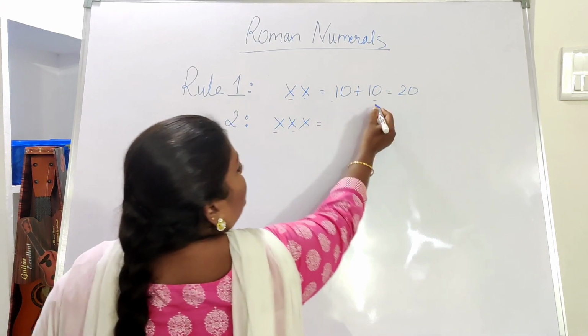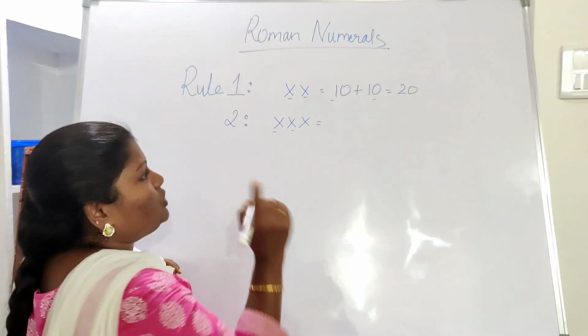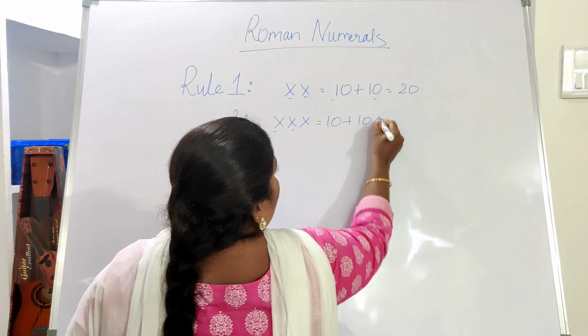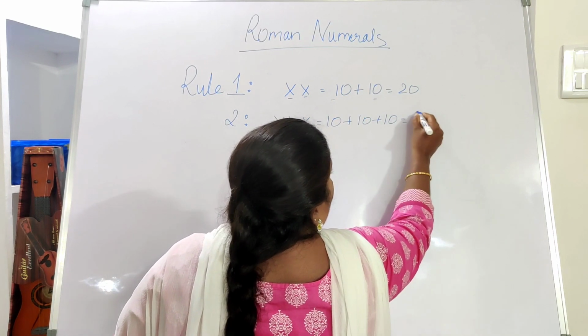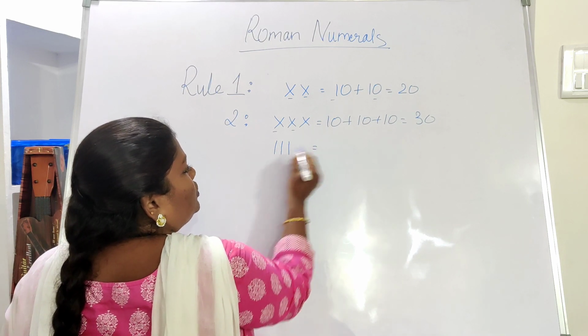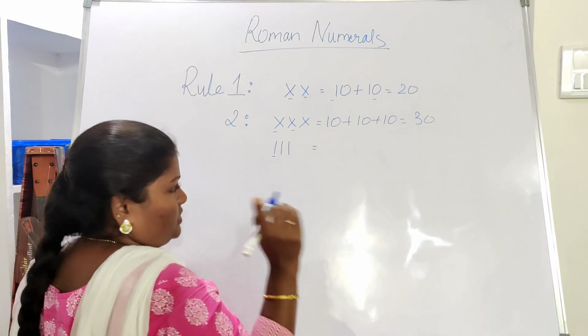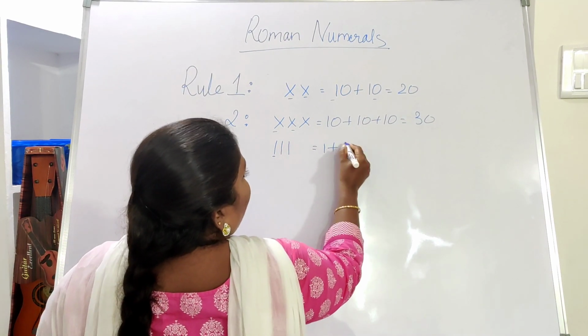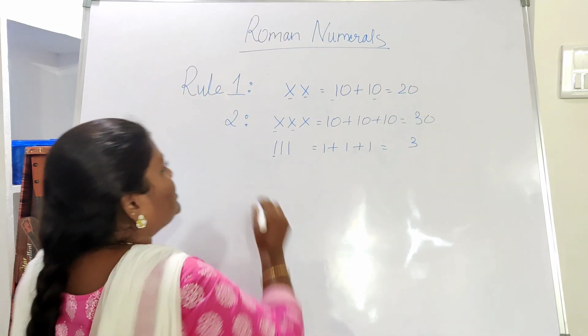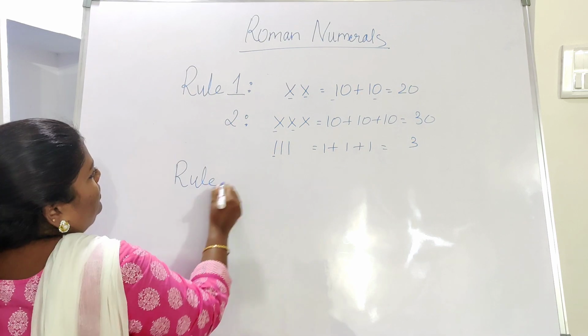As I told you, when a symbol repeats, you need to add the value. So 10 plus 10 plus 10, that is 30. In the same way, III. You know that the value of I is 1. So 1 plus 1 plus 1, that is 3. So these are rules number 1 and 2.